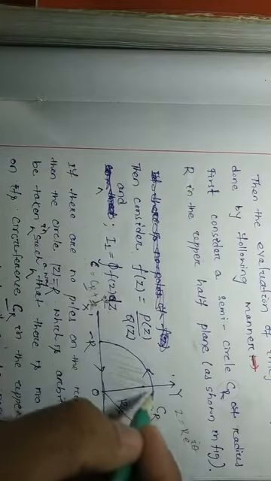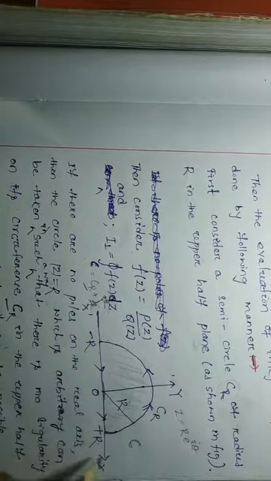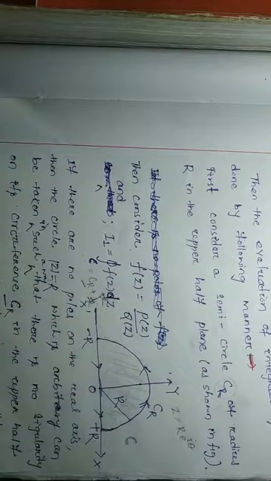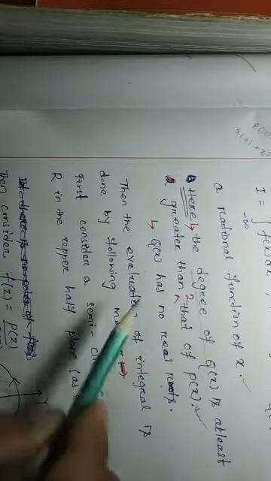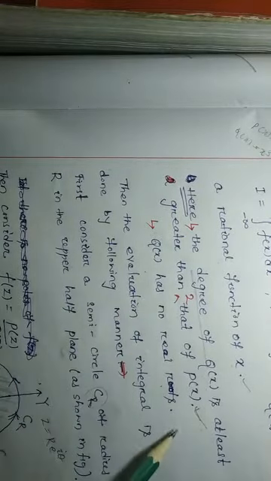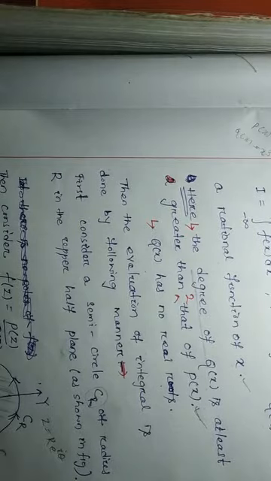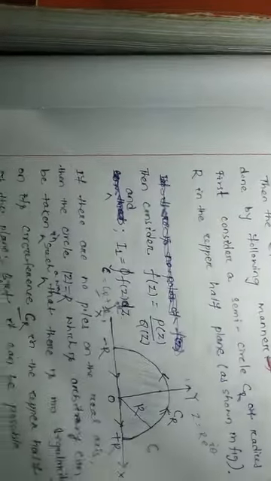Now there are no poles on the real axis, because initially we considered that q has no real roots, so we could not find any poles on the real axis.